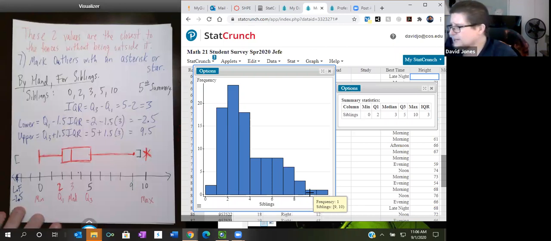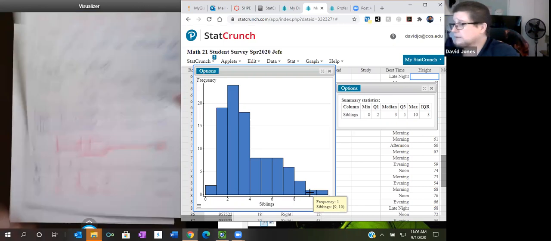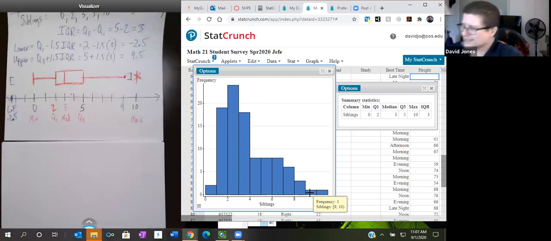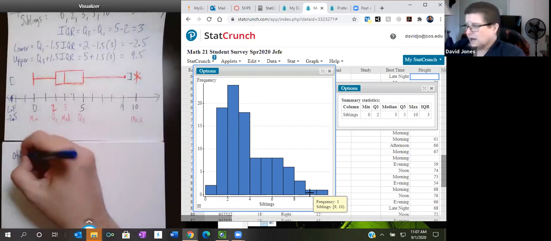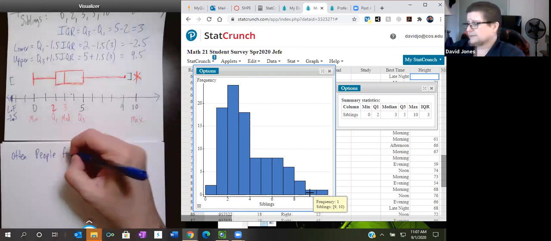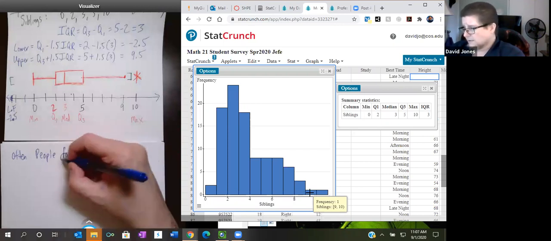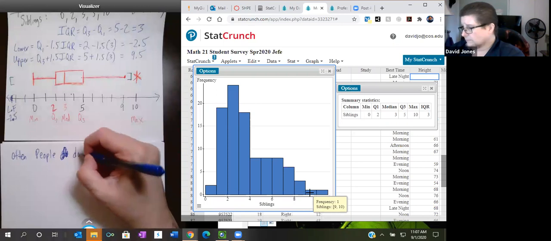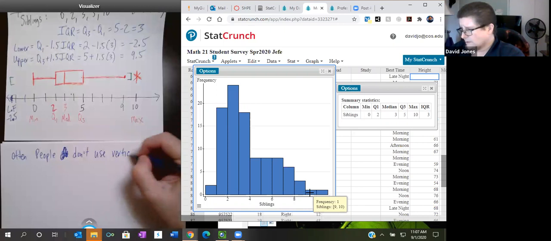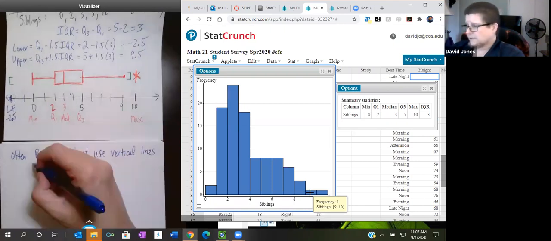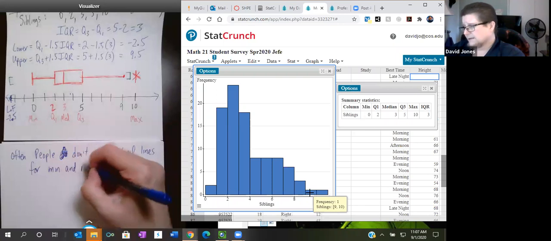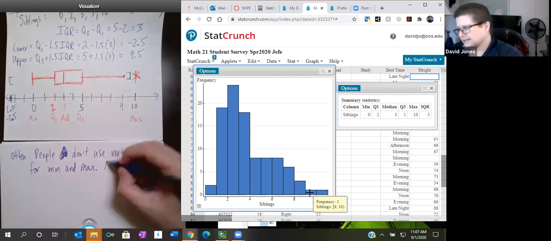Now we can do this in StatCrunch as well. Often people don't do vertical lines for the min and max. It makes the outliers easier to see.